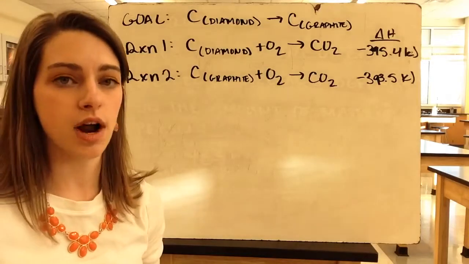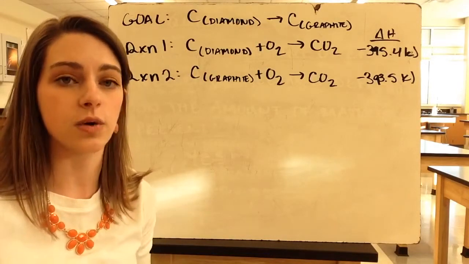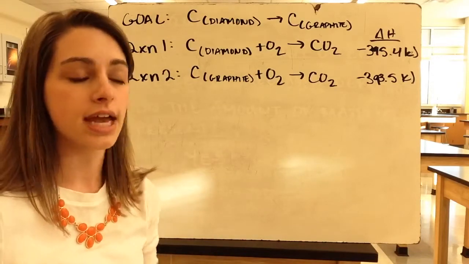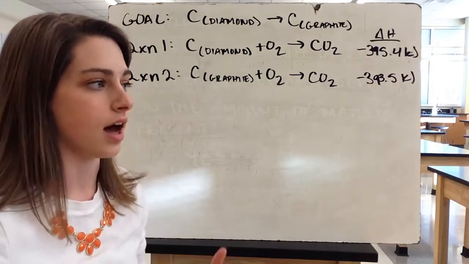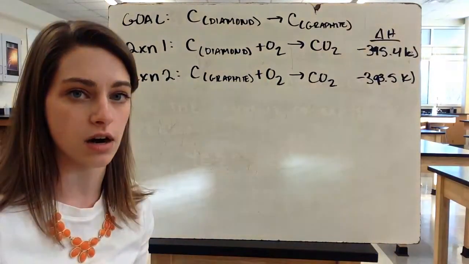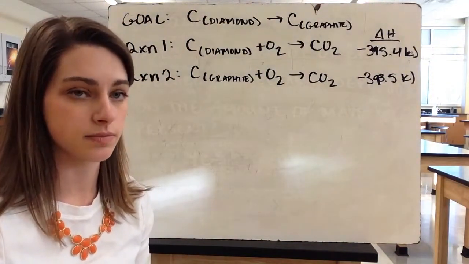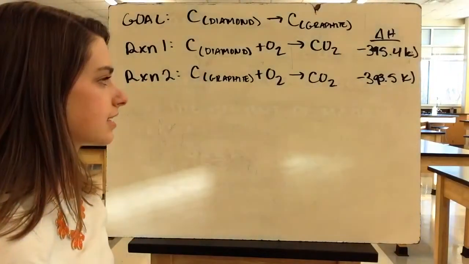That means in this process, we need to get rid of the oxygen and the carbon dioxide. They're going to cancel out. Things cancel in chemical reactions just like they cancel in other types of equations. If you have things on both sides of an arrow, they're going to cancel out. So that's our goal. We're going to try and cancel out our oxygen and our carbon dioxide.